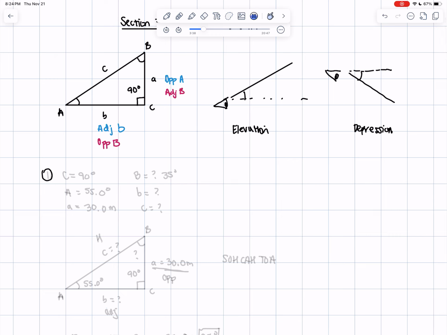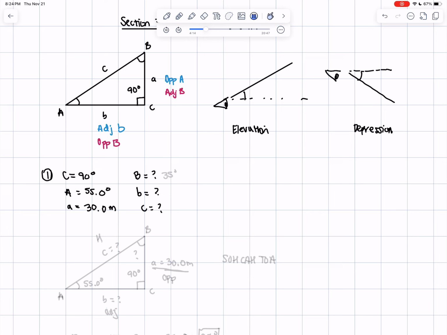So problem one says that C equals 90 degrees and angle A equals 55 degrees, where little a equals 30.0 meters, and they're asking us to find angle B. We don't know what that is. B and C. Okay, so let's label a triangle with all these parts.